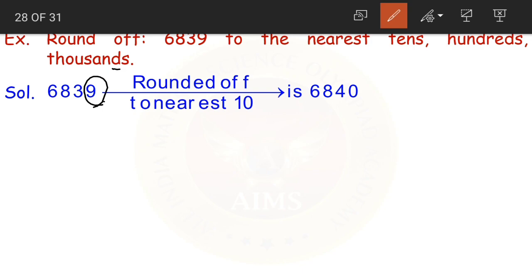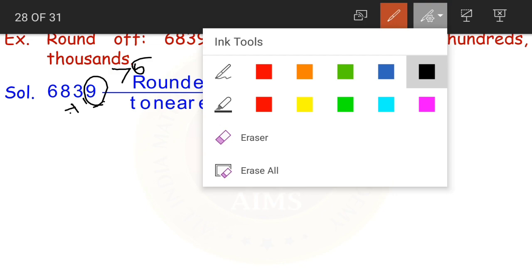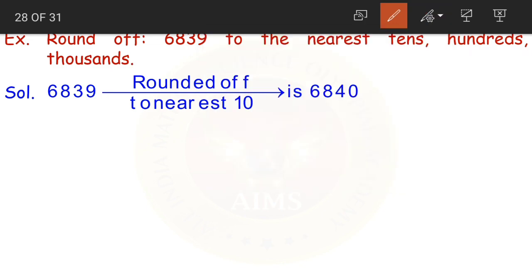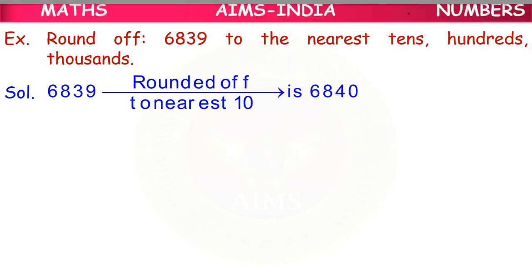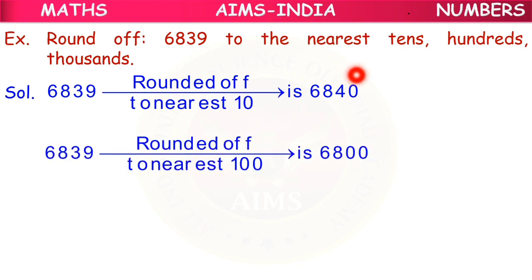It is 9. It is greater than 5. So add 1 to the digit in tens place. 3 plus 1 becomes 4 and replace the digit in ones place by 0. So 6,839 when rounded off to the nearest 10 becomes 6,840.